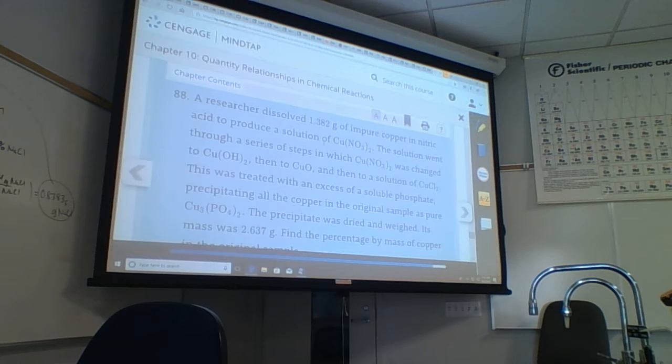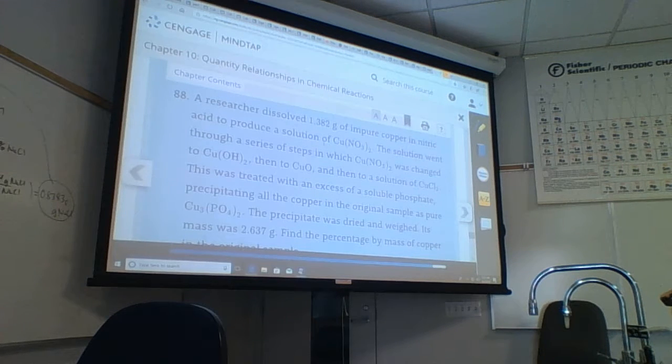This is the total, right? 1.382 grams total. So if I want the percent copper in here, the percent copper is going to equal the grams of copper in this. We got to figure out how many grams of copper there are in here, divided by the total. The total is 1.382 grams of total mass times 100%. Let's say if I did this and it came out to 1.382 grams of copper, then it's 100% copper.